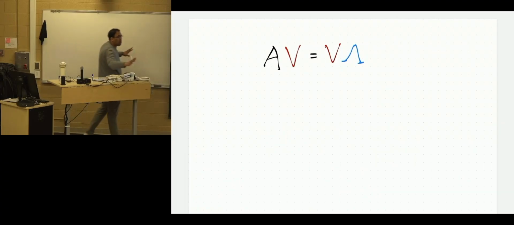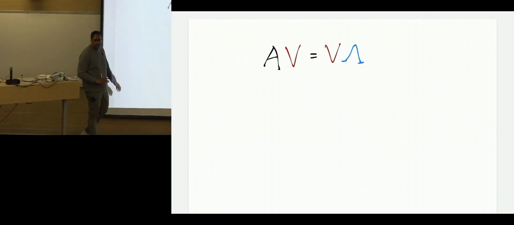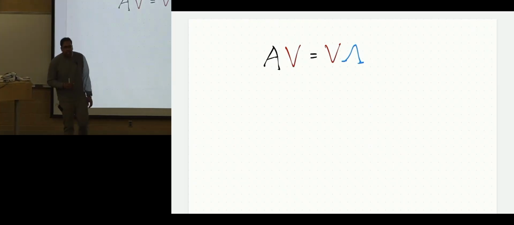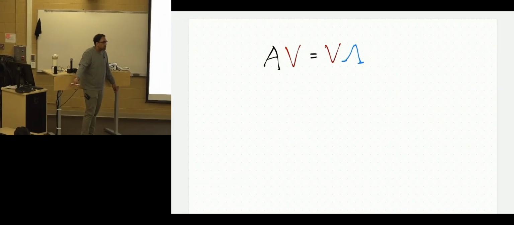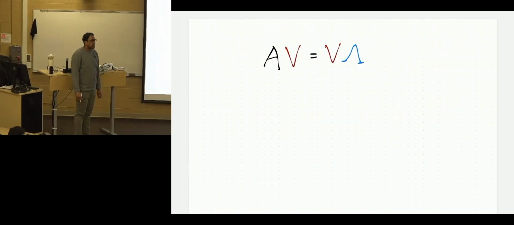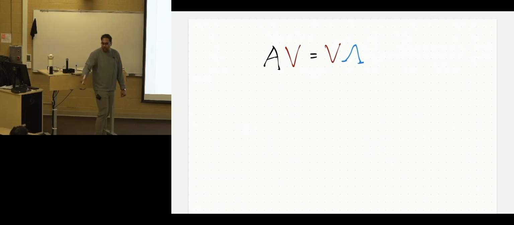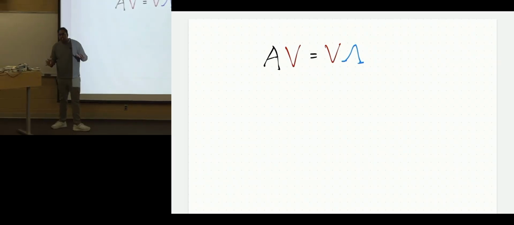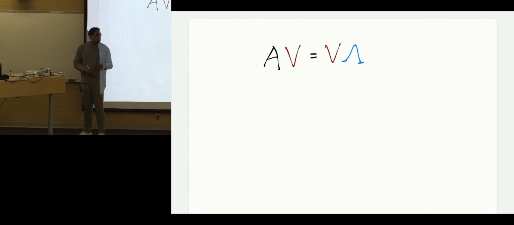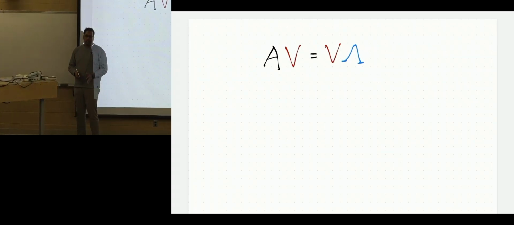Now remember, I told you my goal was to say A equals something. How do I solve for A here? You can try inverting V if it's invertible. The key is, in order to solve for A here, V has got to be invertible. But what would make V invertible?